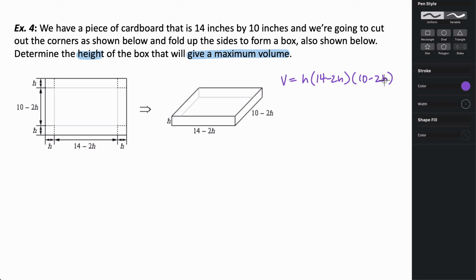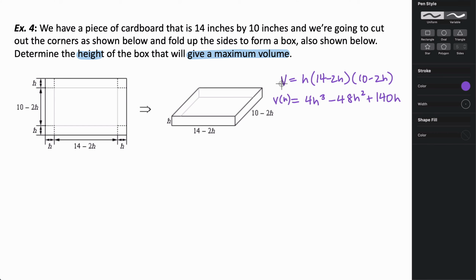And if you expand all of this out, what you end up with is 4h cubed minus 48h squared plus 140h. So that's the equation for the volume as a function of h.